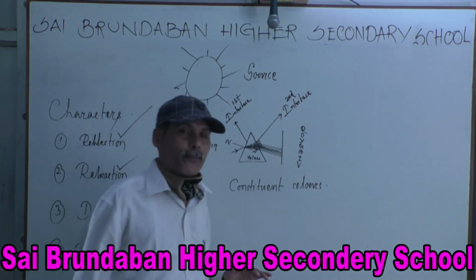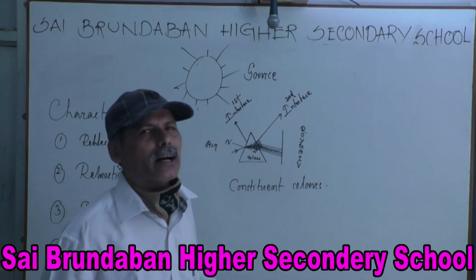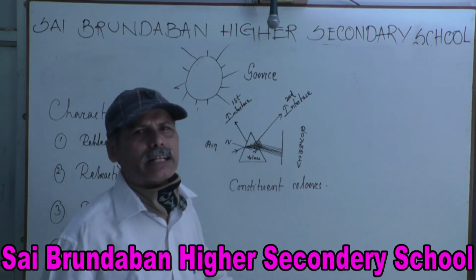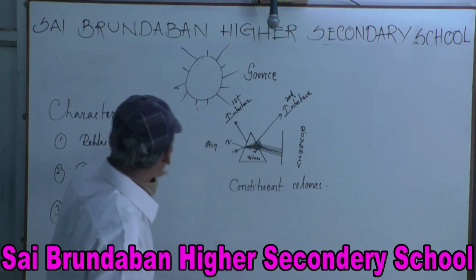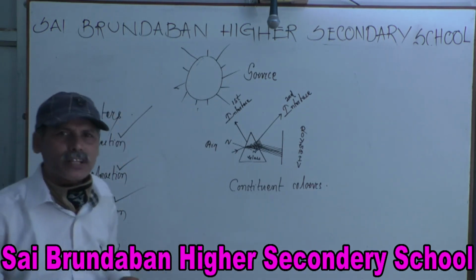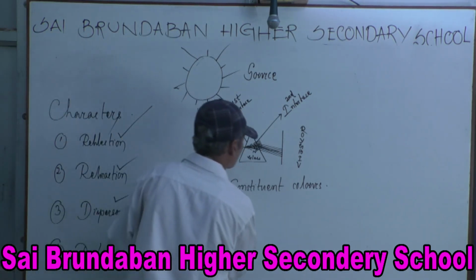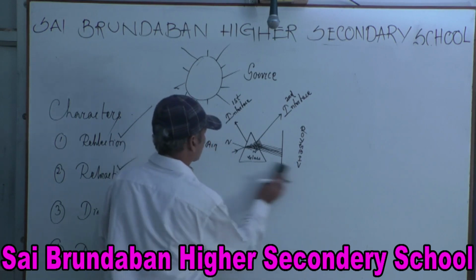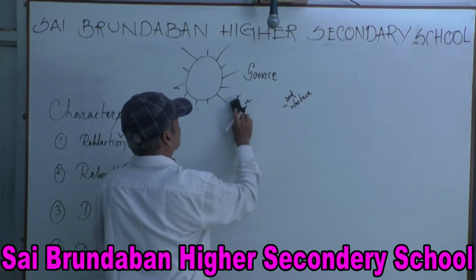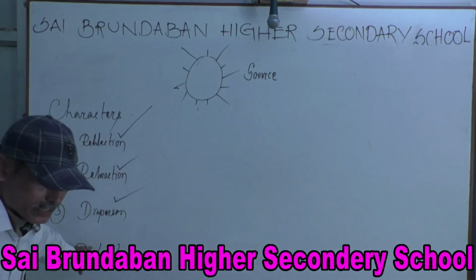So light splitting into constituent colors during propagation through a prism is called dispersion. So dispersion is over. Then the fourth point is diffraction.